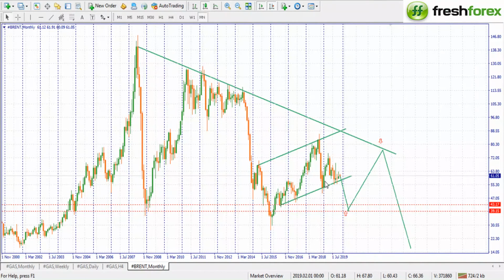We are correcting ourselves within some channel. If price closes below this trend line, both the upper one or the lower one, then if it breaks below, we look for a sell. If it breaks above, we look for a buy. So let price break below, retrace back, then you continue short up to 43.17 or 39.15. This level here.